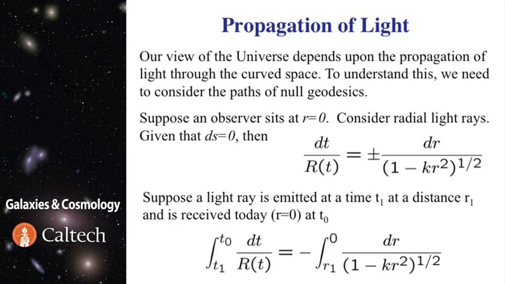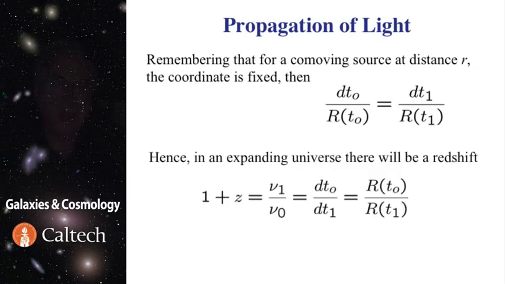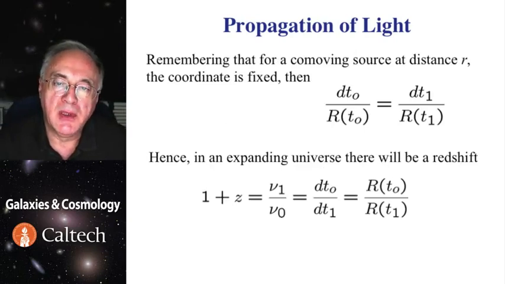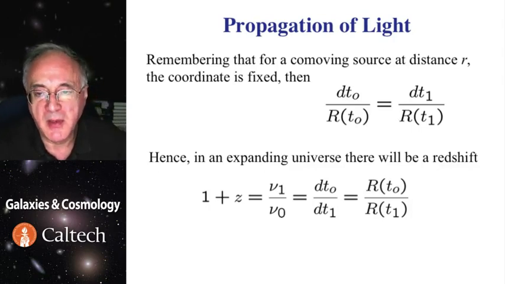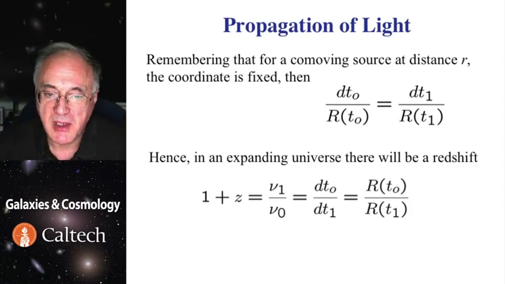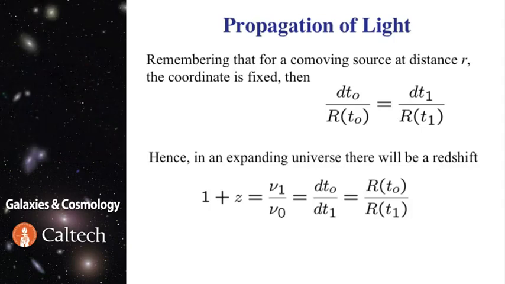So if we emit a ray of light at time t1 and it's observed at t of 0, then the integral over those two paths has to match, according to this formula. If a co-moving source is at some distance r and its coordinate is fixed, then the relative increments in time scaled by the scale factor must be the same. Therefore, there's going to be a redshift in an expanding universe. You can divide the two, and it's the exact same result as we got before.